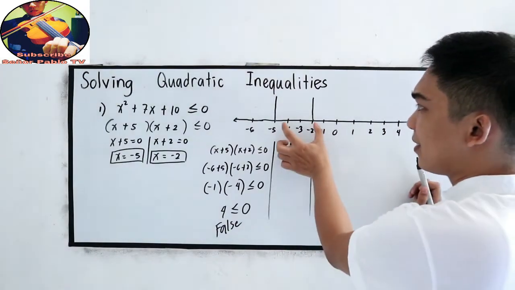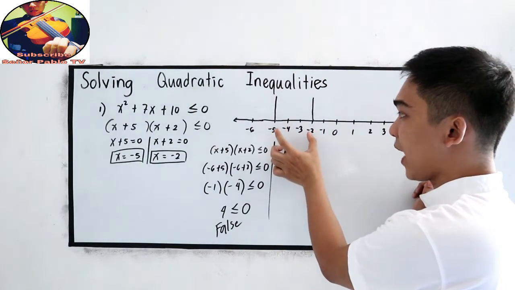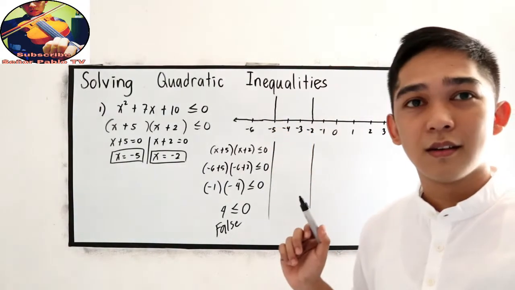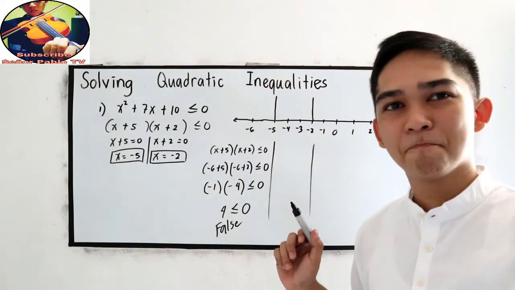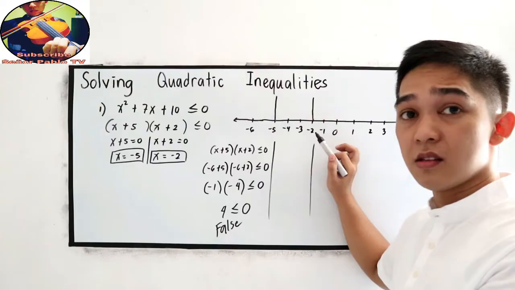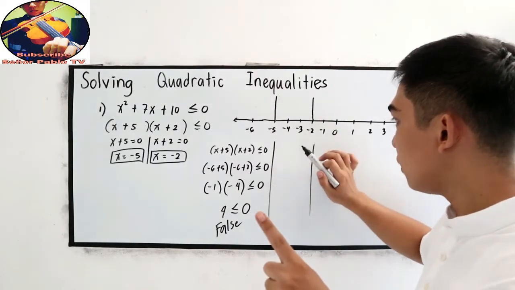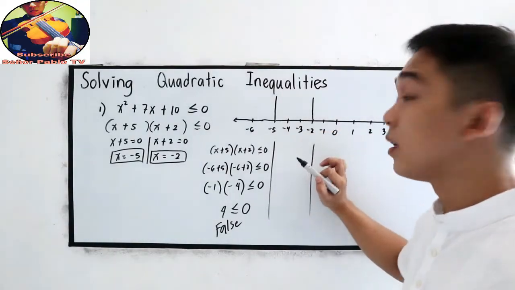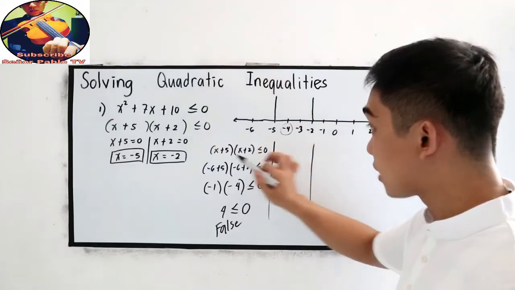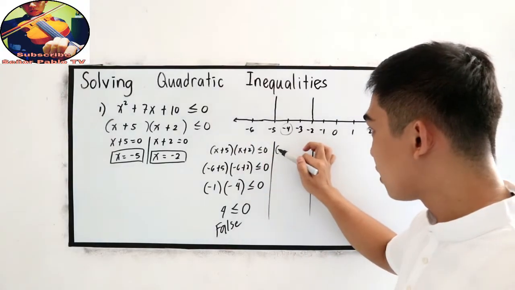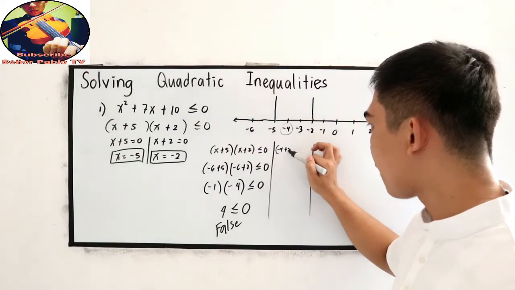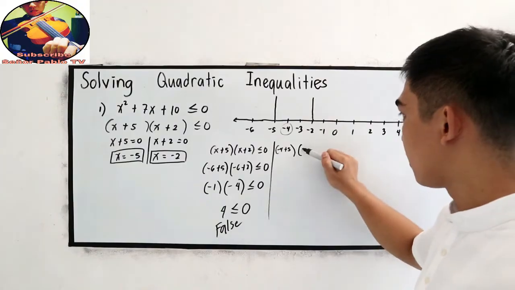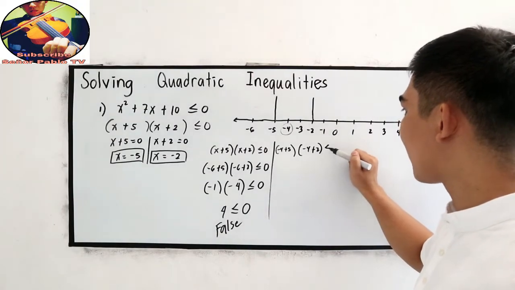How about in between negative 5 and negative 2? Let us choose negative 4 or negative 3. Just pick one number. Okay, I will choose negative 4. It's up to you. If you choose negative 3, it's okay. So I need to substitute it as our x. So negative 4 plus 5 and negative 4 plus 2, less than or equal to 0.